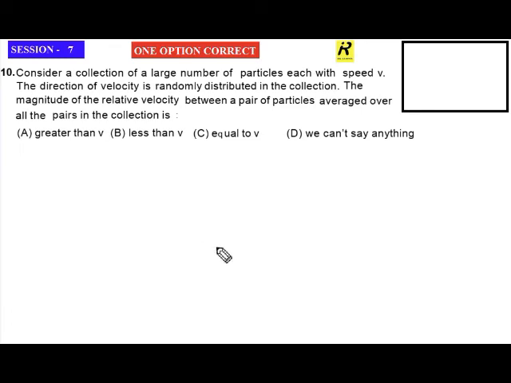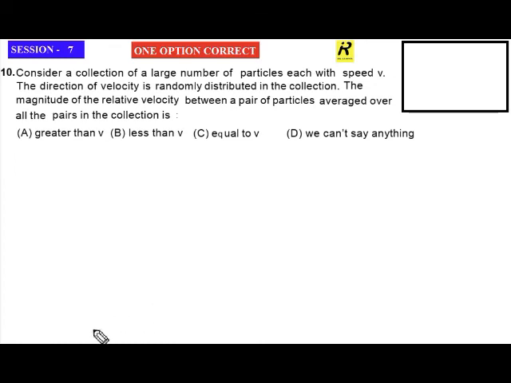So by using this condition, I can write VAB square is equal to 2V square into 2 sine square theta by 2. This is what I can write here.